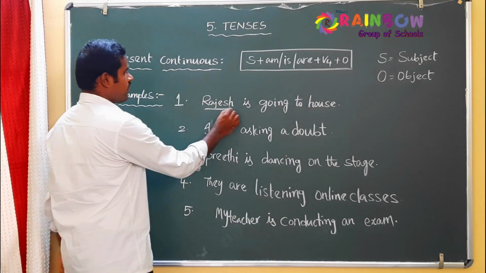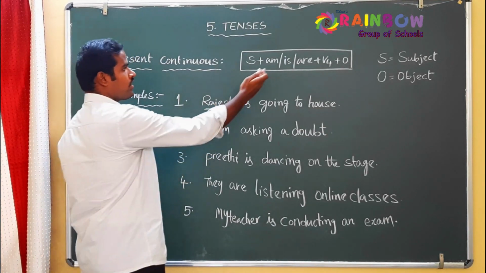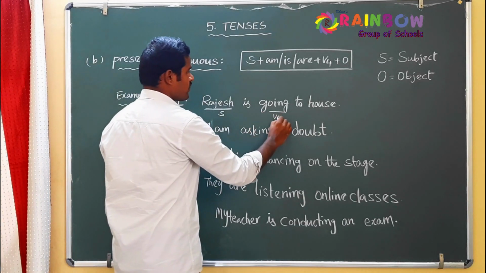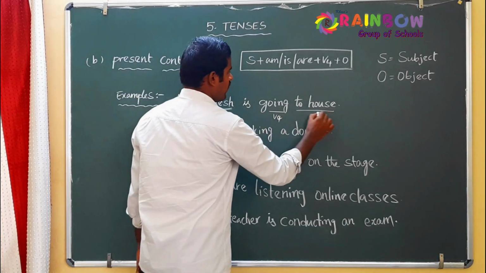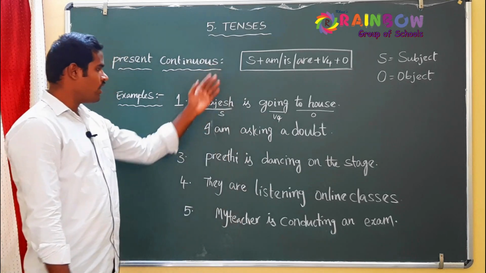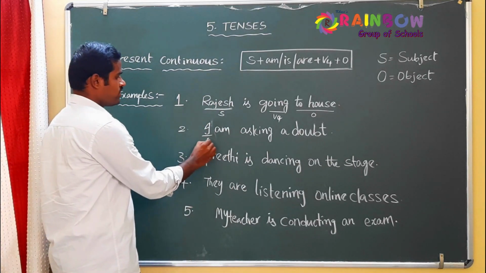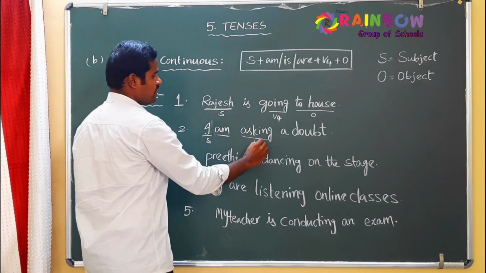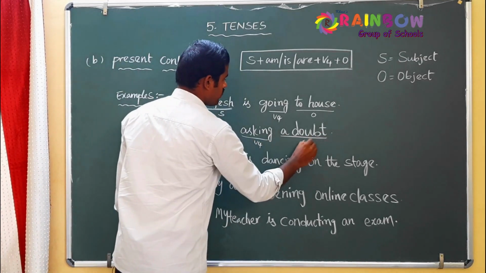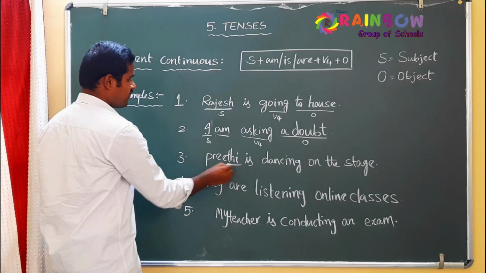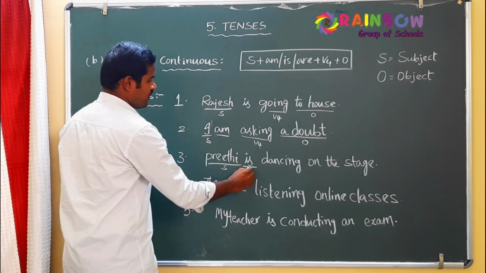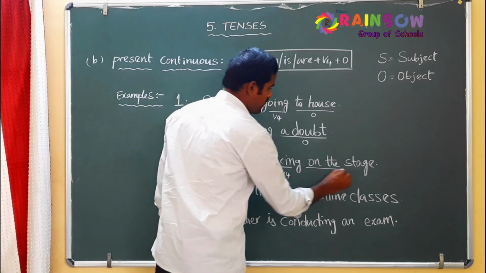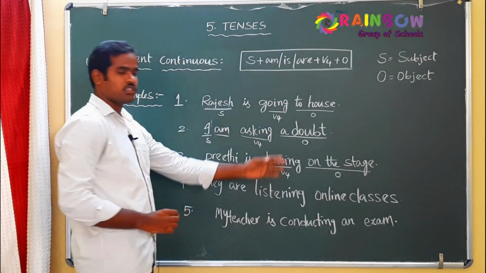Here Rajesh is the subject, as it is singular I have taken is as my helping verb, and going is the present progressive form V4, and this is the object. In the same way, in the next example, I is the subject, am is my option for the subject I, asking is the verb 4 form, and a doubt is the object. In the third, the subject is Preeti, is is the helping verb, dancing is V4 present progressive, and on the stage remains as object.